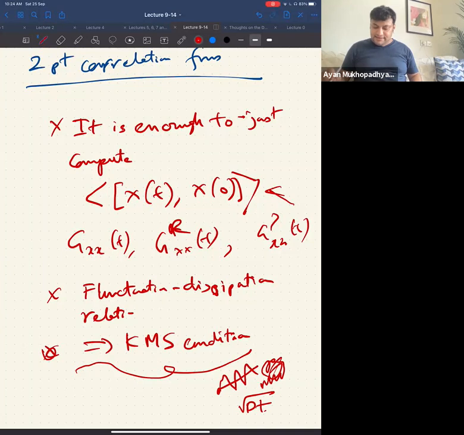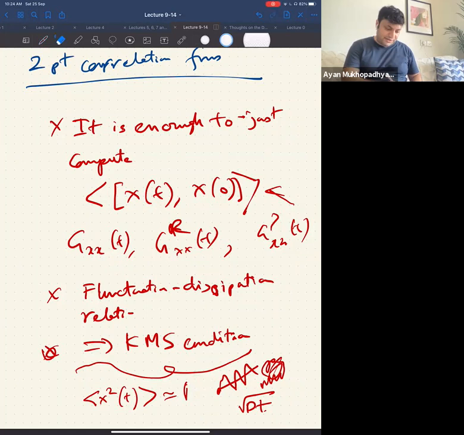And the Einstein relation tells you that x squared of t is simply related to its diffusion constant by the temperature, if you remember. I have to remember exactly what it is, but it is some D times t times temperature.